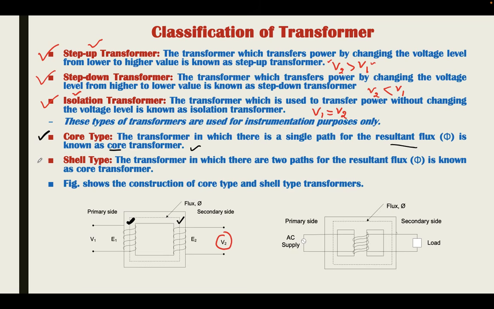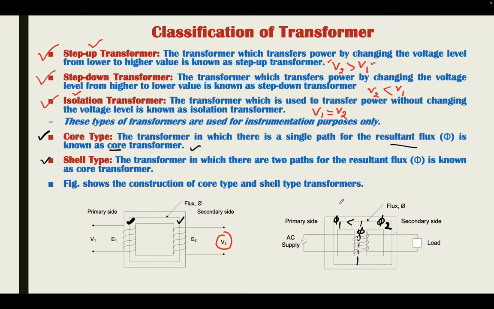Whereas there is another type of construction of the transformer core in which the total flux phi developed in one winding is divided in two parts. One is here, let it be phi 1, and here it is phi 2.